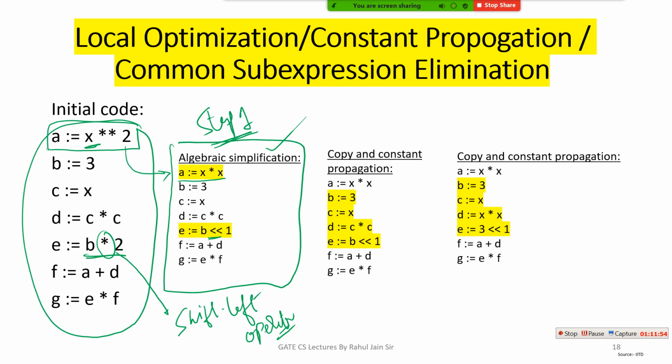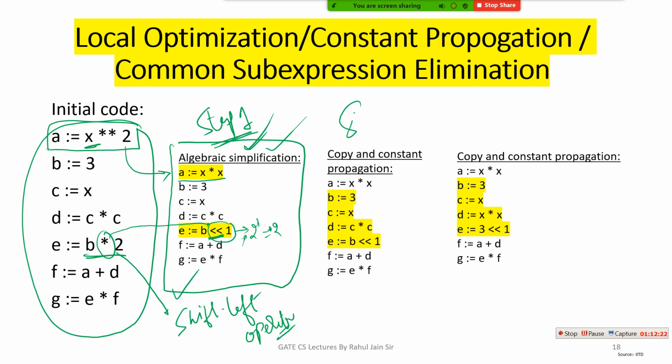So what I did in this step, in place of this multiplication, I used a shift left operation with 1, because this gives the value 2 to the power 1, that is 2. So ultimately it is nothing but b into 2. So in the first step, I did algebraic simplification.